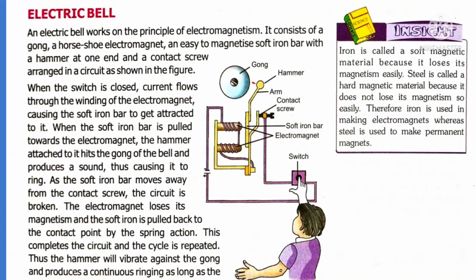So the hammer comes back to its original state. Now it is in contact again. The circuit is completed and the electromagnet gets magnetized. In turn it pulls the hammer towards itself and it hits the gong and makes the bell sound. This is how our electric bell works.